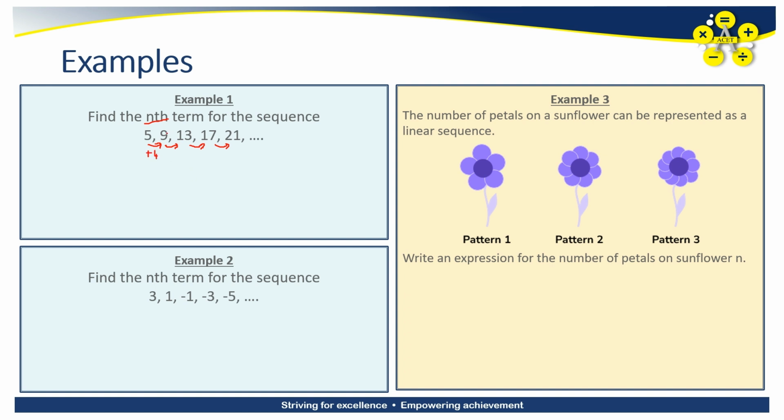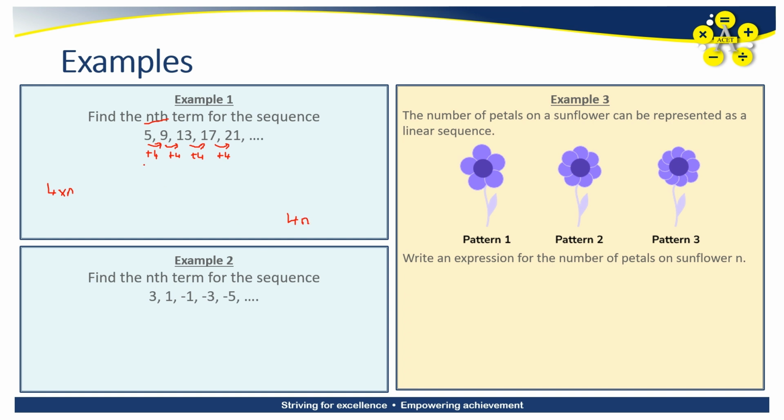To get from 9 to 13, I add on 4. 13 to 17, I add on 4. And 17 to 21 is plus 4. Now, the only sequence in the world that goes up in 4s is the 4 times table. And so that's 4 times a number. But we can simplify that, as we always do in algebra, to 4n.